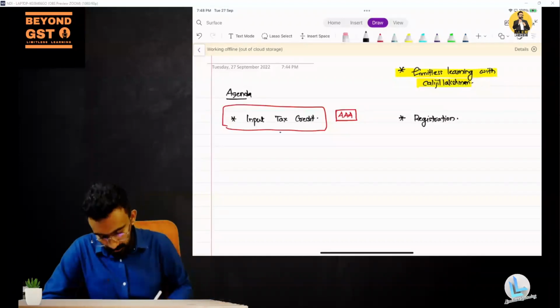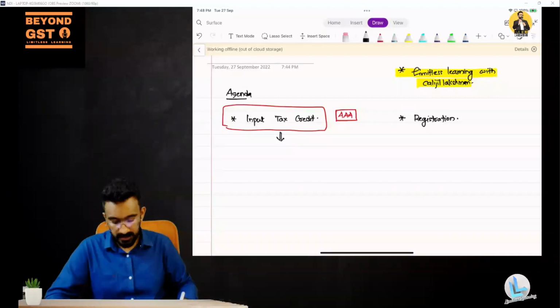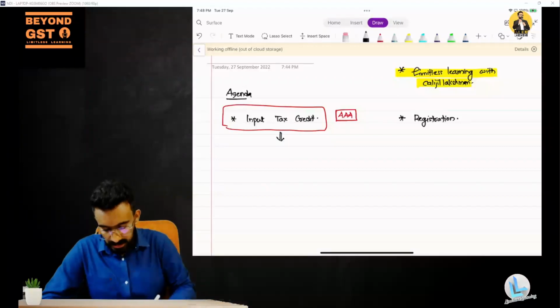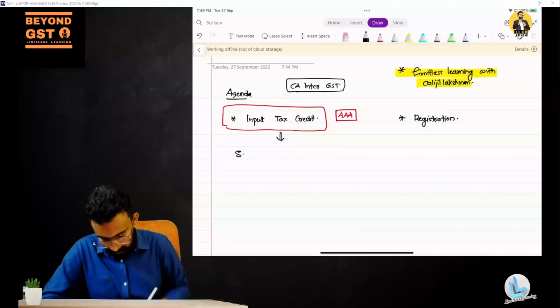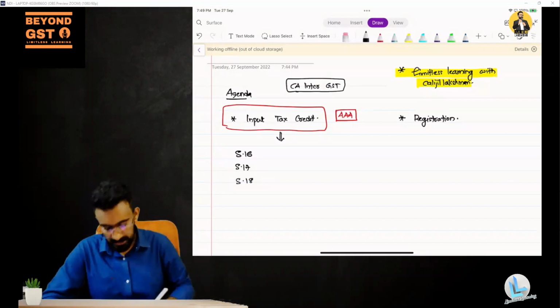Okay, input tax credit: what are the things you have to learn in this chapter in CA Inter GST? The sections that are very relevant are these three: section 16, section 17, and section 18.